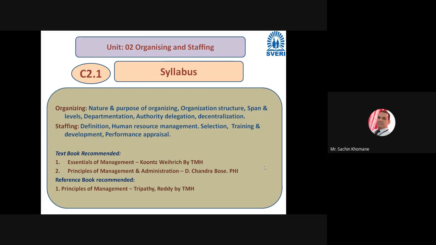Then authority delegation is a very important aspect in industry, because certain authorities can be delegated. Delegated means transferred to others. That is nothing but authority delegation. We have to see how authority is delegated. One manager, one owner cannot do everything.